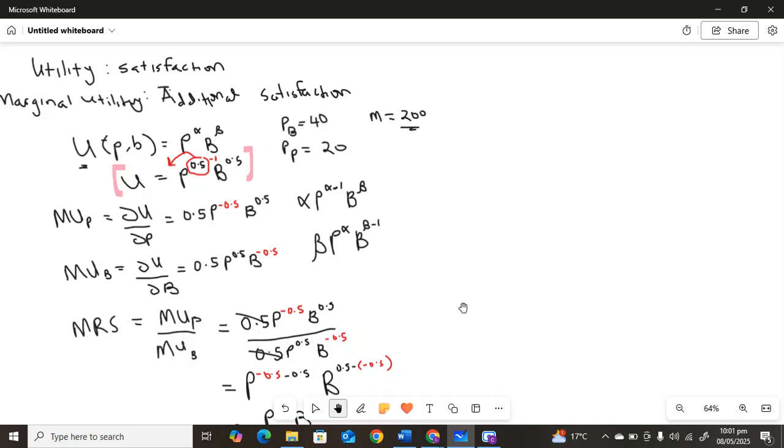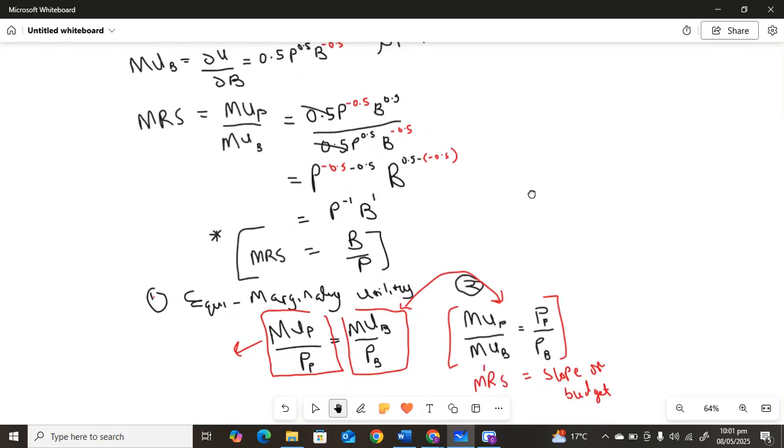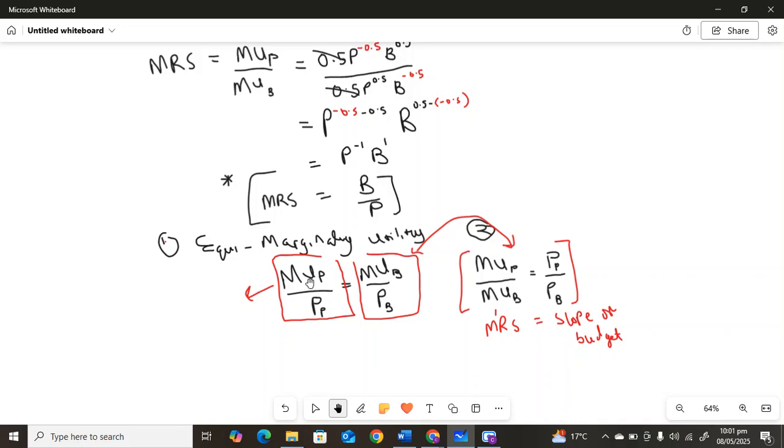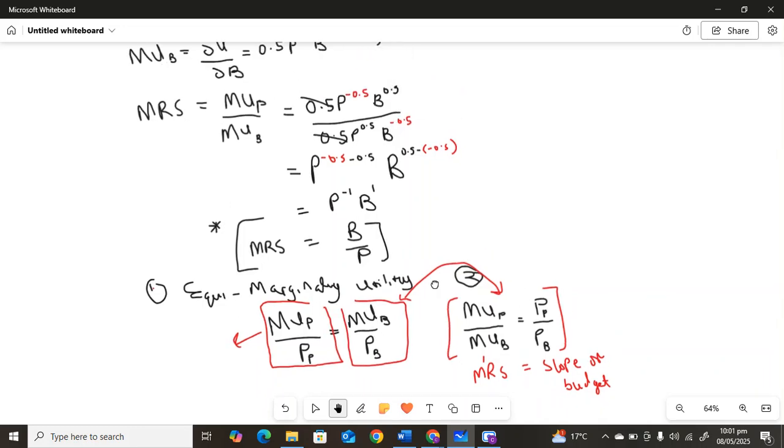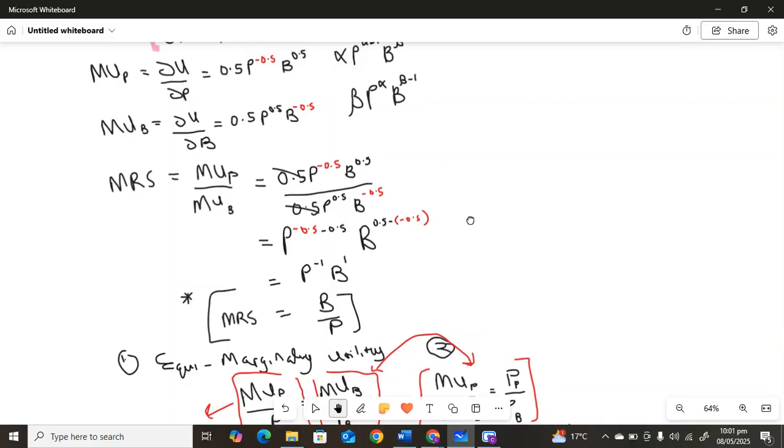When we say this additional satisfaction per one kwacha, basically what we're saying is you're getting the best out of the money that you're using.